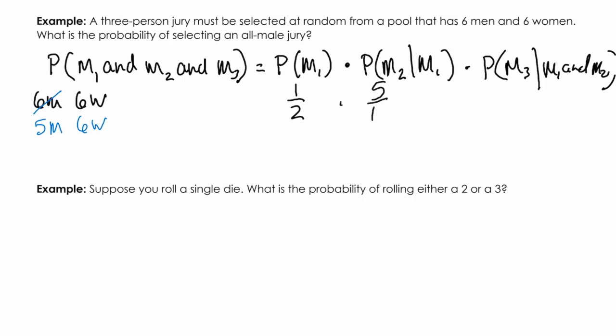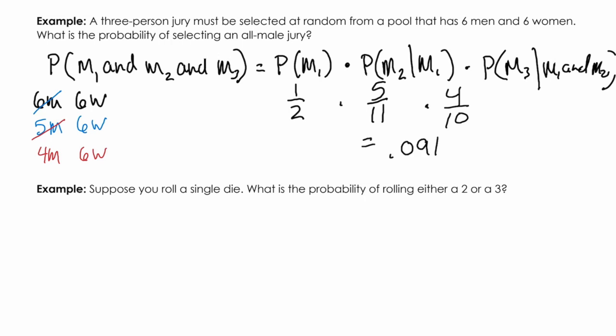So when I go to pick a man the second time, I'm going to have a 5 out of 11 chance of picking a man. If I pick a man the second time, then I'm only left with 4 males in the room and 6 females. So if I pick a man the third time, it's going to be a 4 out of 10 chance.